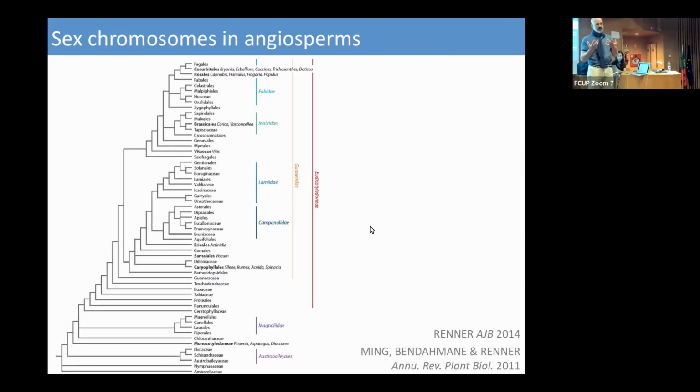So in this phylogenetic tree of angiosperms, there are orders where you find species with sex chromosomes. I guess you cannot see anything because it's too small, but there are many orders in which you can find sex chromosomes: cucurbitales, rosales, brassicales, vitaceae, caryophyllales, and others.